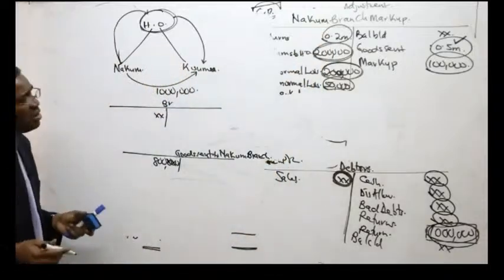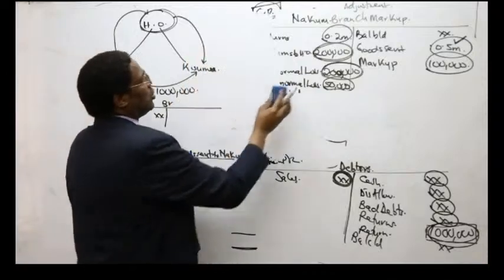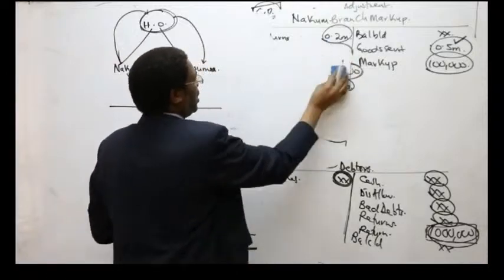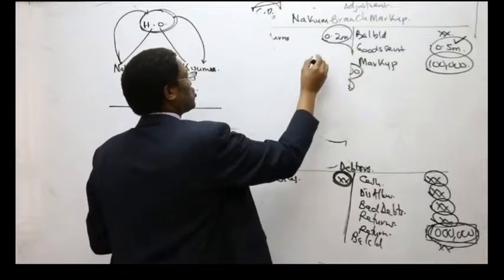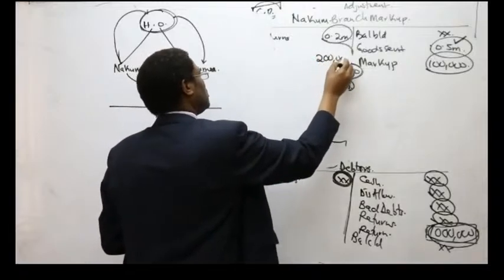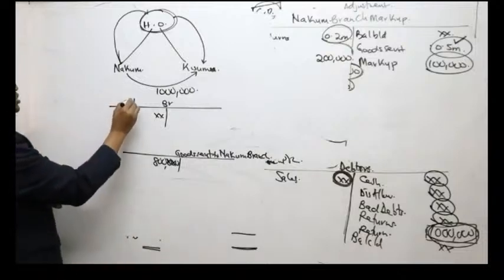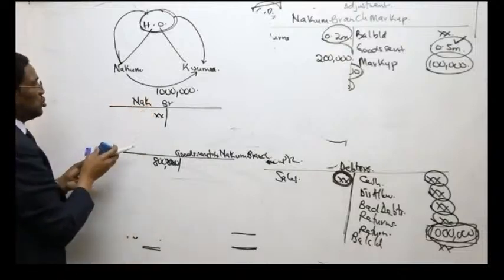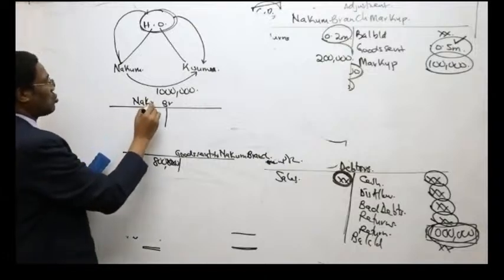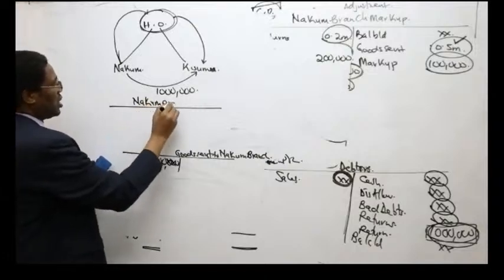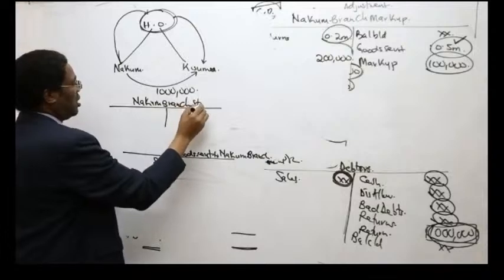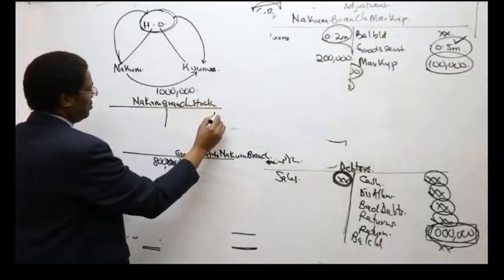So you will debit Nakuru branch markup account with a profit loading, which we are assuming to be 200, and you will credit the account called Nakuru branch stock account with that 1 million.